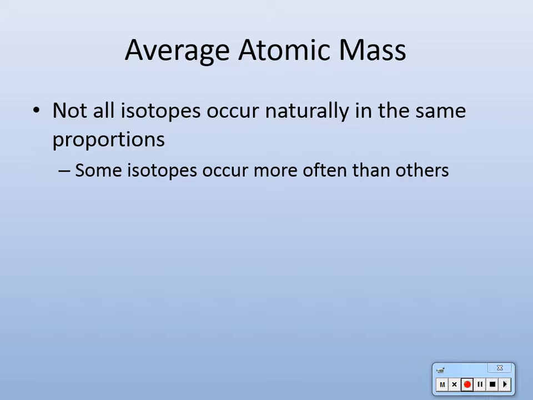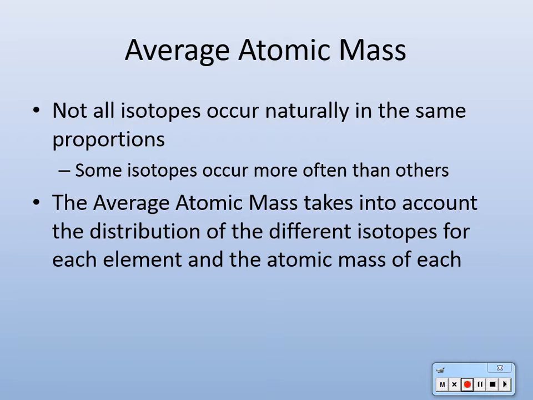So these isotopes exist, but not in the same proportions. Some exist more often than others. And so the average atomic mass, which is the number on your periodic table, not only takes into account what are those different isotopes, but it also takes into account how often they show up. Okay?